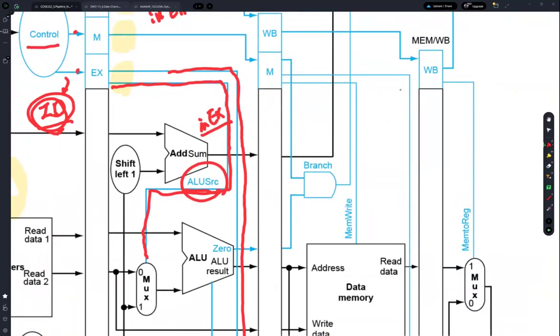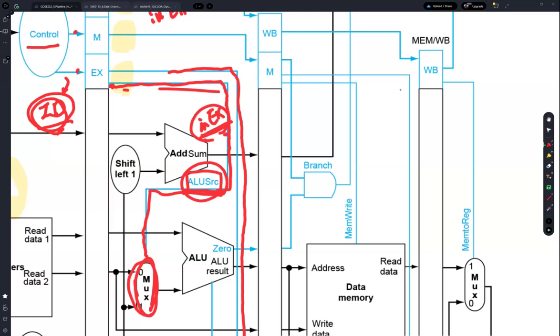Because we use ALU source when the instruction is in the EX stage. So its control signal is also connected to this multiplexer with the ALU source in the EX stage. This multiplexer is in the EX stage.